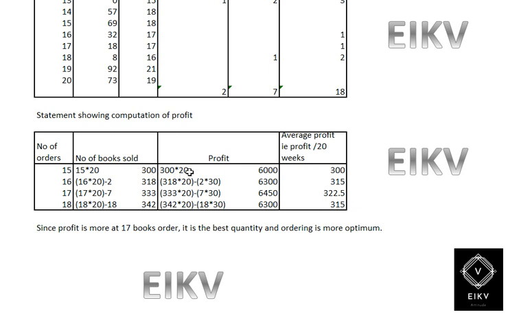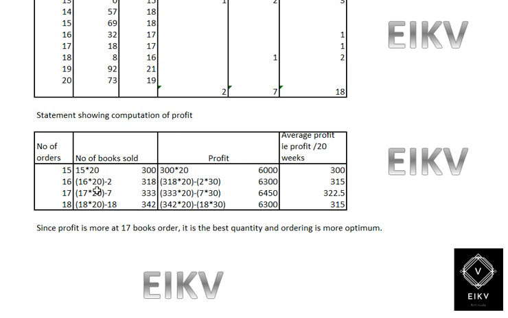Then 300 into 20, that is 80 minus 60 will give you a profit of 20, therefore 300 into 20 will give you 6000. And then we have the average profit, so average profit is nothing but the profit divided by 20, this time period.